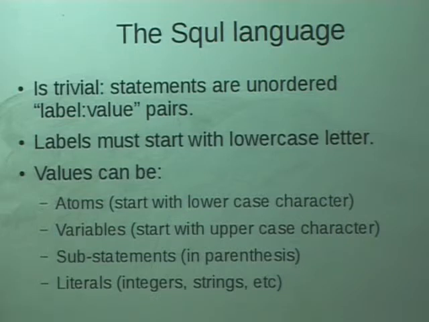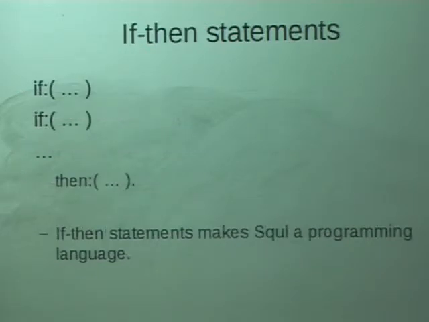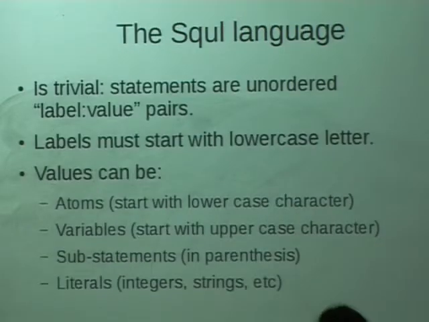It's all just labels and values and if-then statements. So a statement is a whole bunch of labels and values. So you have a label, value, label, value, label, value, full stop. Labels always start with a lowercase letter, and the values can be atoms.